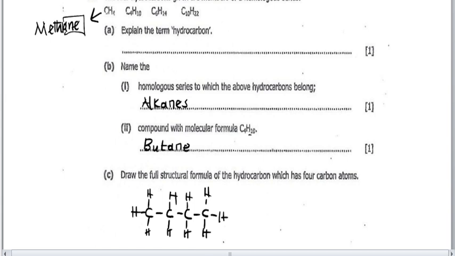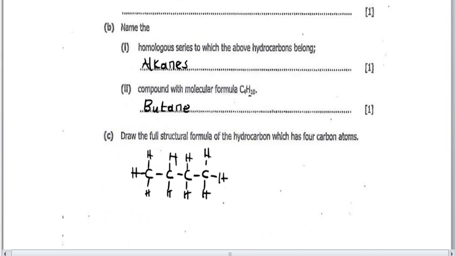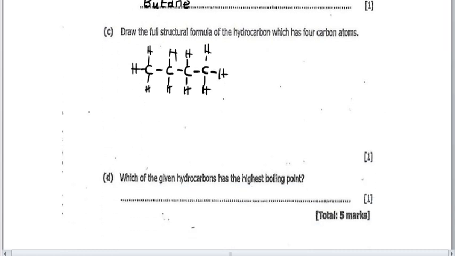So now look, they start with methane and go all the way up to decane, which is C10H22. Now the question is which of the given hydrocarbons has the highest boiling point? Boiling point increases with the increase in the number of carbons.